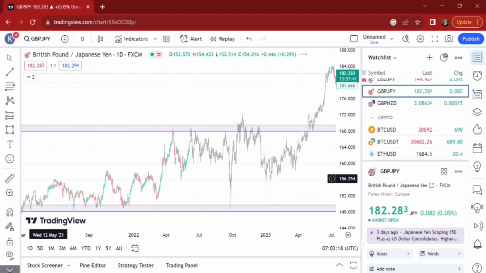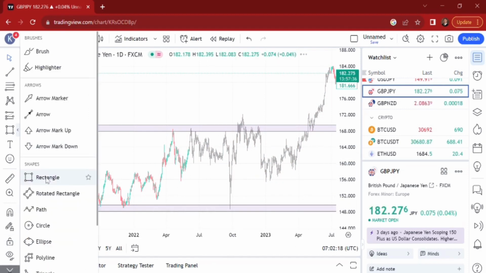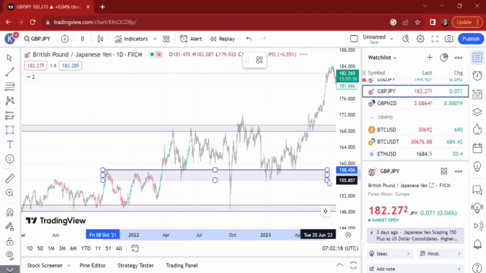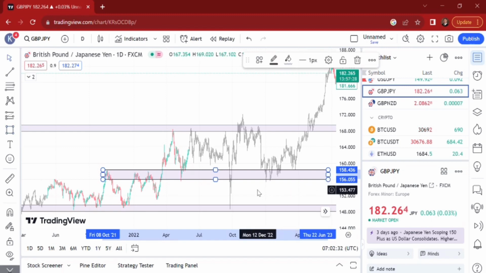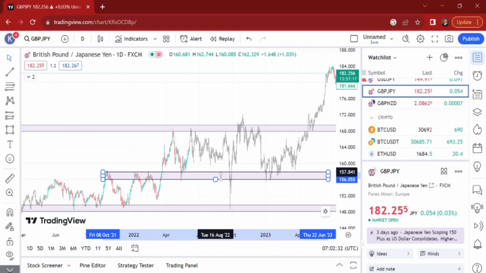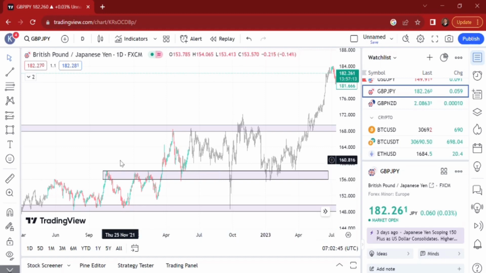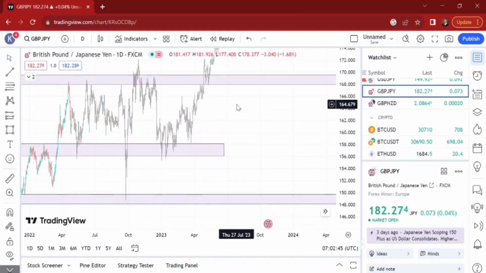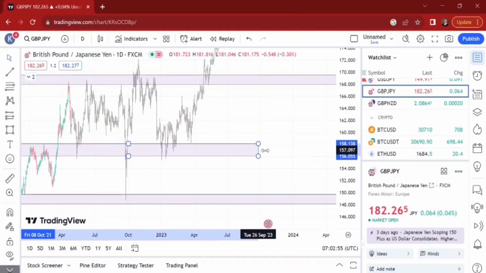From the daily we can see price has more touches on this zone here. It can still be a little bit extended though.